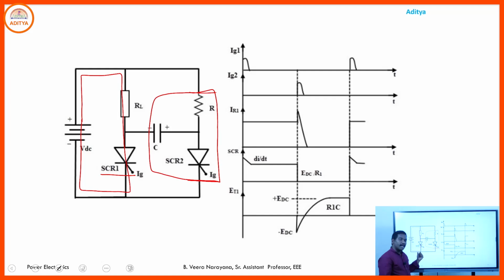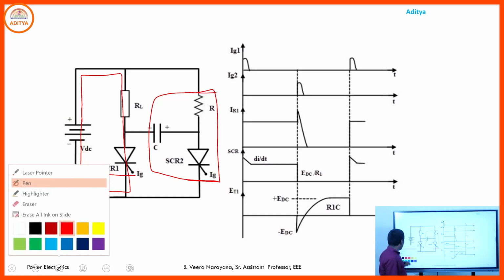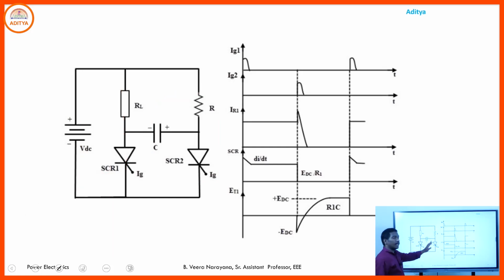In the main circuit, the load resistance is always connected in series to the main SCR, and the commutating SCR, or the additional SCR, is connected across the main thyristor. This complementary SCR is connected in parallel to the main SCR.